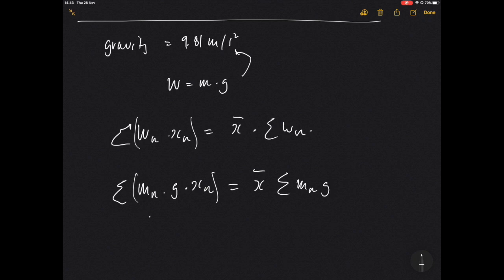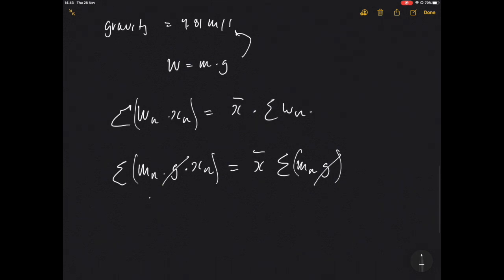So actually, this doesn't really matter because gravity is just a constant. Effectively, when we're trying to find the location of the center of mass or the center of gravity, it doesn't matter whether we're using weight or mass or gravity. So, okay, we'll now move on.